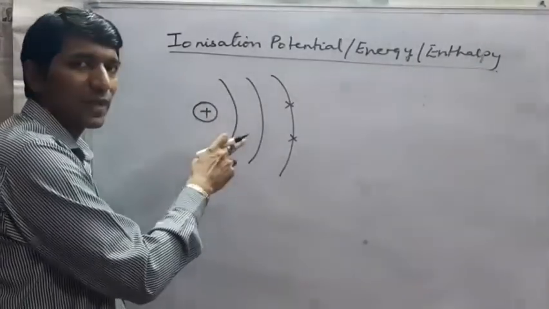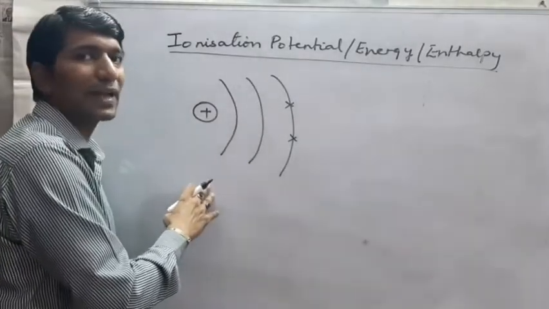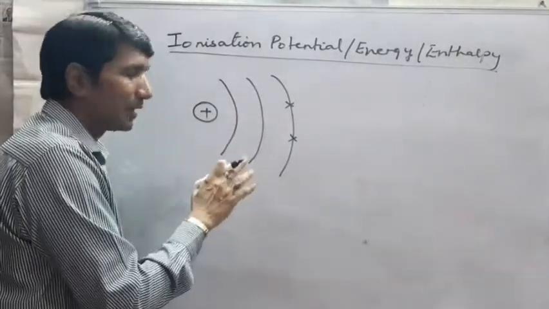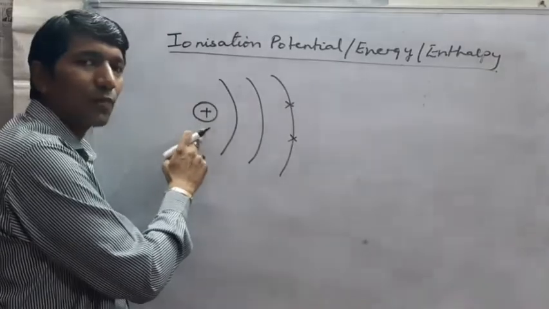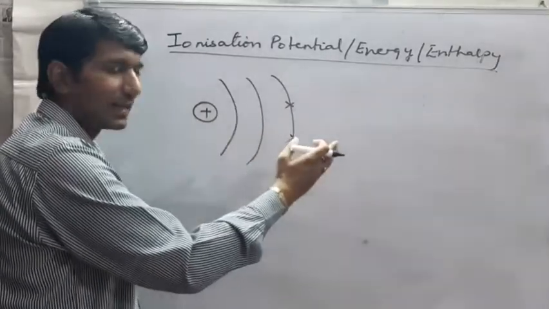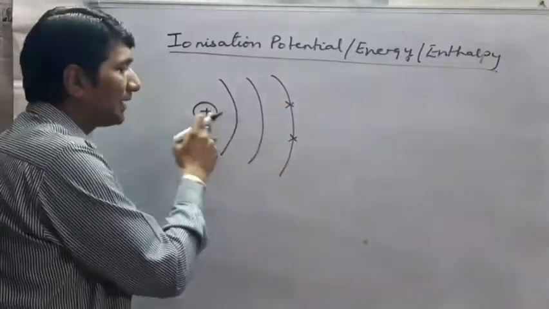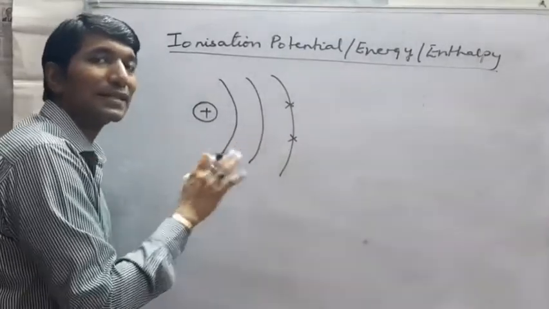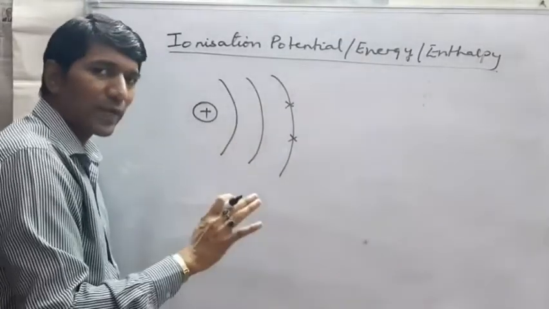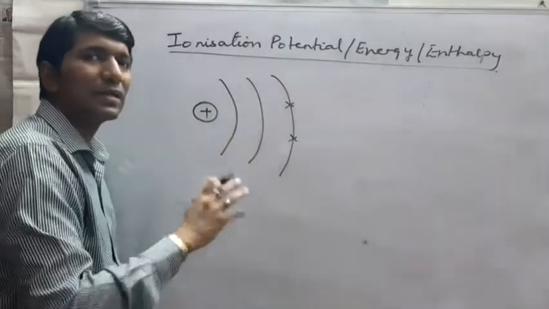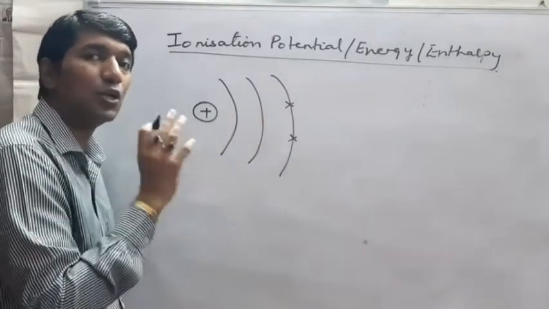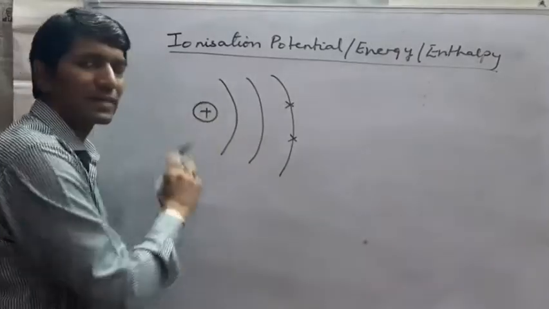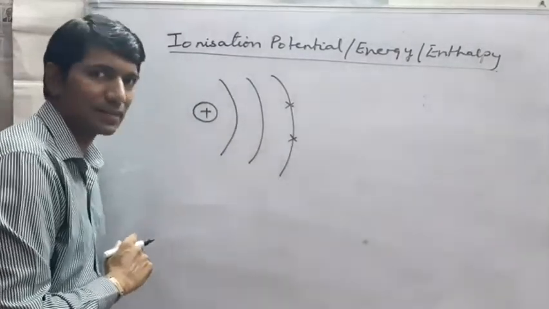That's why they are not in a free mode where they can be removed. But as the distance from the nucleus increases, the effect of the nucleus on the valence electron also starts decreasing, because of which the valence electron somehow becomes loosely held.